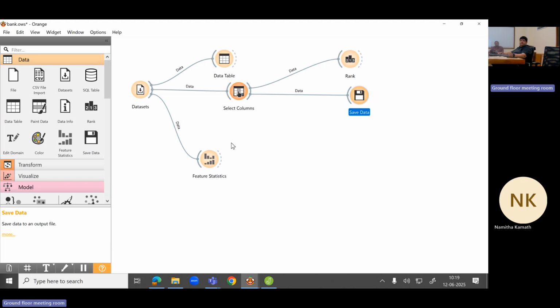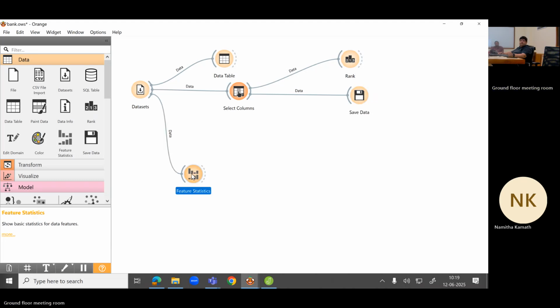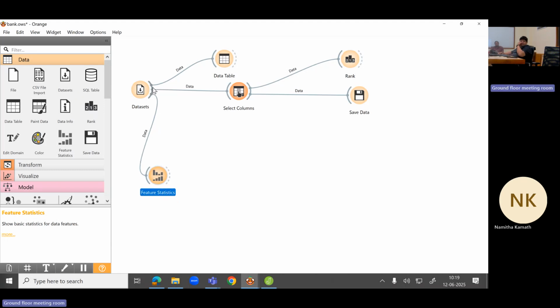So what we'll do is, right now we will just take up those two variables. So let me take another select columns.